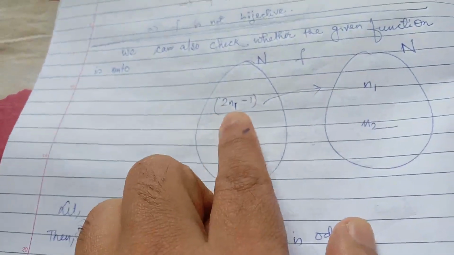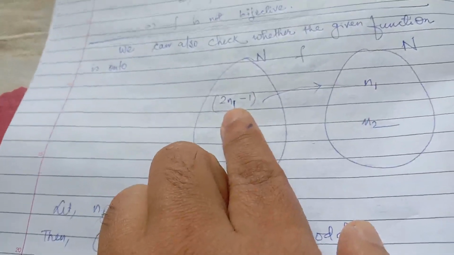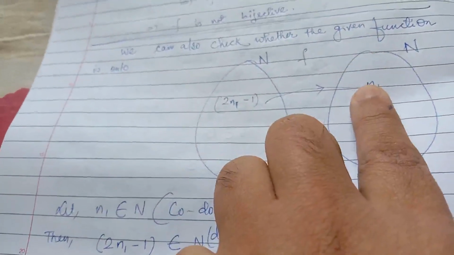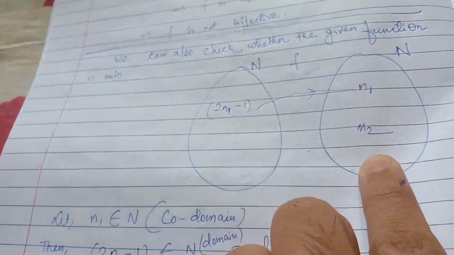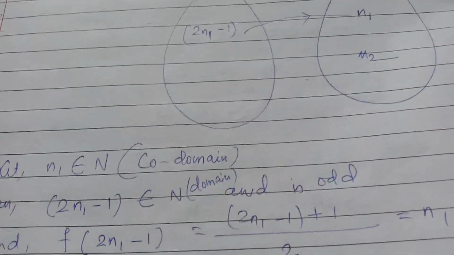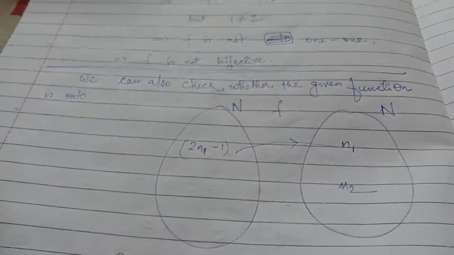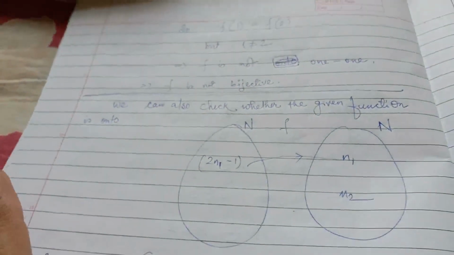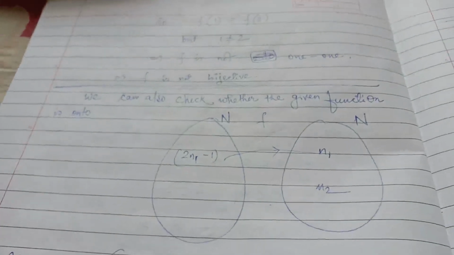We will get an element here with which n1 is connected. So all the elements of the codomain are connected, and therefore f is onto. So this particular function is not 1-1 but onto.